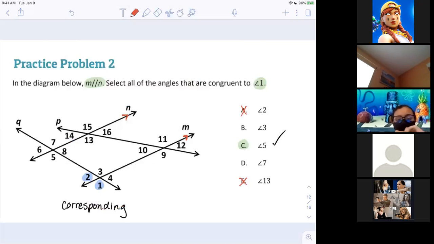Exterior is something. Nope. Let's think about it. They are next to each other along the same line. What is that called? Wait, no, it's not vertical. They're not vertical because they're not across from each other. They're next to each other.